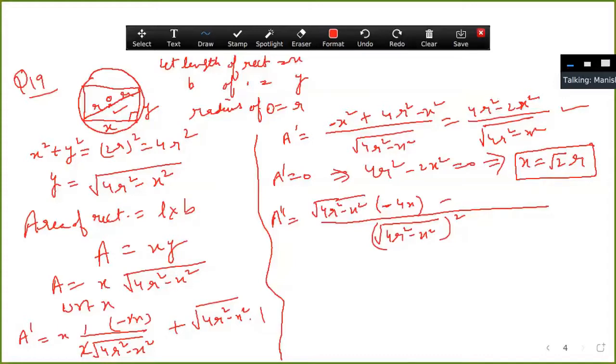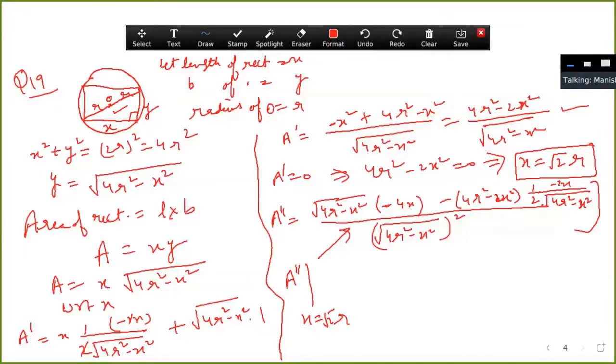Now 4r square minus 2x square as it is. The derivative of this is 1 upon 2 under the root 4r square minus x square and minus 2x. This is the derivative. Now put the value, now you have to do it. Put x is equal to root 2r in this second derivative. What will you get? You will get a less than 0 statement.